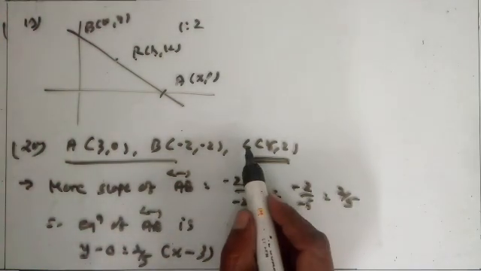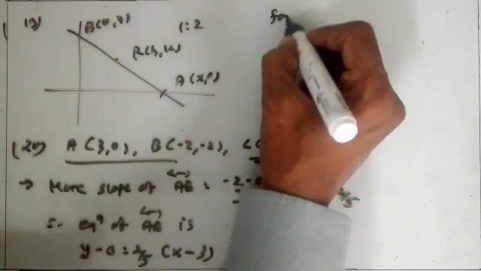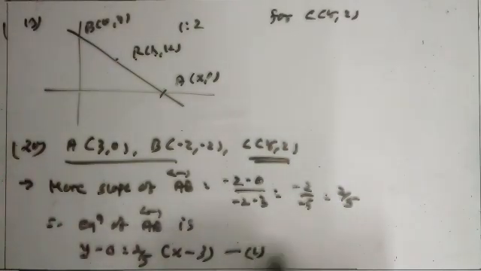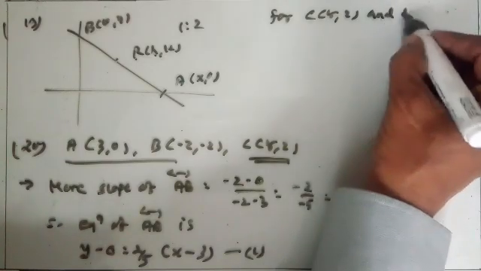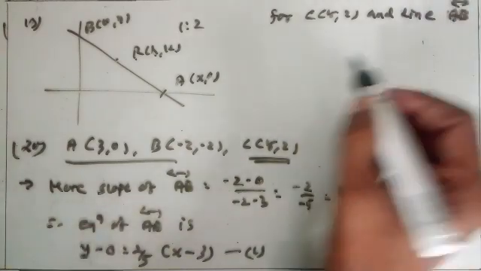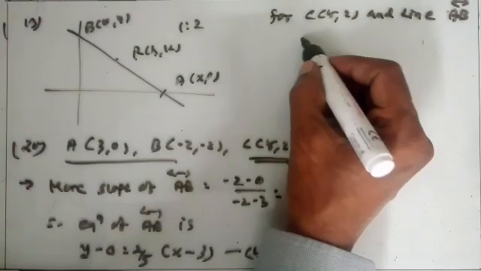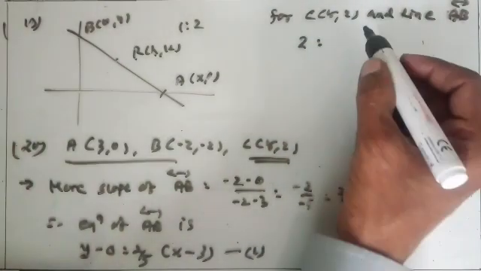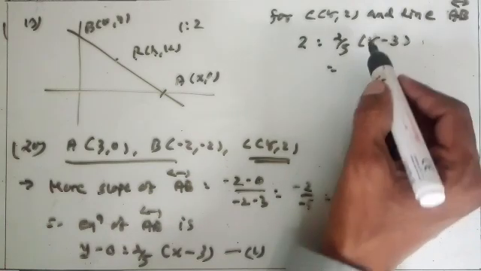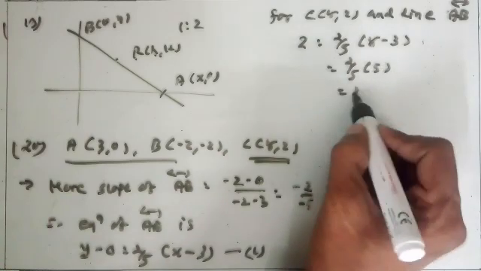Now take C in this equation. For C(8, 2) and line AB, put here x is equal to 8 and y is equal to 2 in this line. y is equal to 2 minus 0, that is 0. 2 upon 5 into x, x is equal to 8 minus 3, that is 5. 2 upon 5 into 5 is equal to 2.